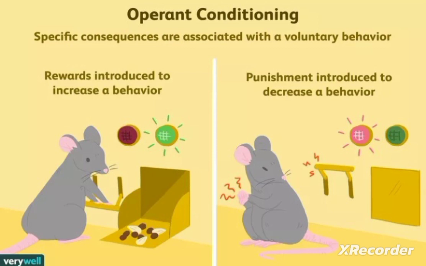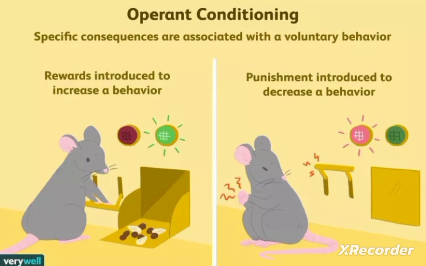In operant conditioning, you understand that specific consequences are associated with a voluntary or spontaneous behavior. When we show some behavior, there will be some consequences or effects present for that behavior. Okay, so that is operant conditioning.